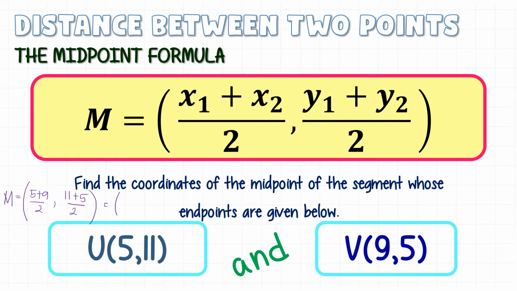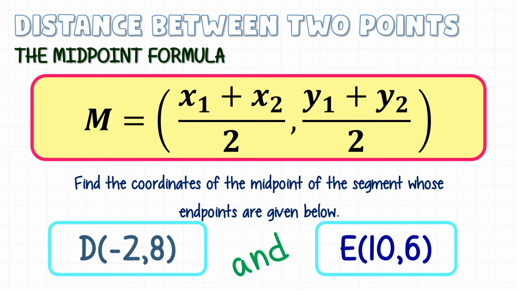We have 5 plus 9, 14 over 2. And 16 over 2. 14 divided by 2 is 7. 16 divided by 2, 8 pala, is 8. Therefore, the midpoint is located at (7, 8). Alright?